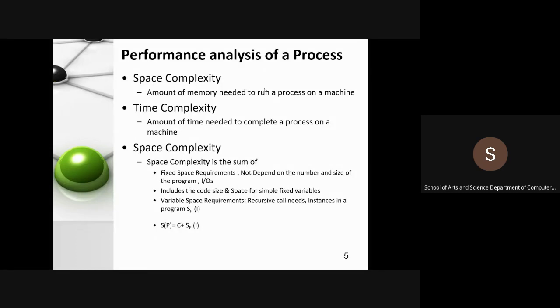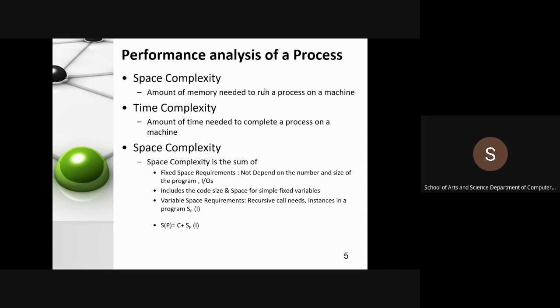So what about fixed space requirement? It considers the size of the program and space needed for fixed variables. In that program, we used some simple variables like integer, float. So the sizes of those are all determined by fixed space requirement.